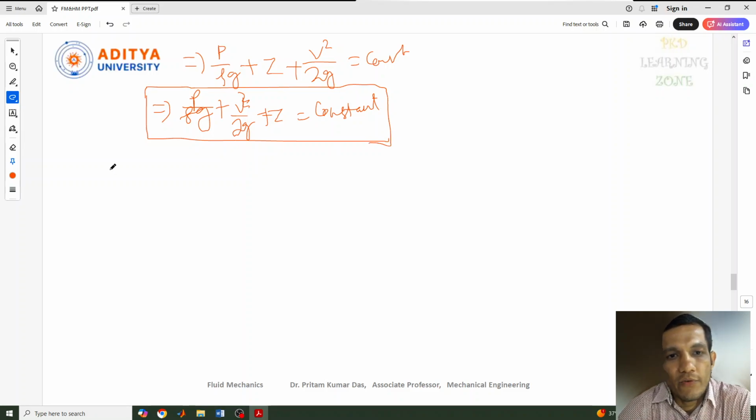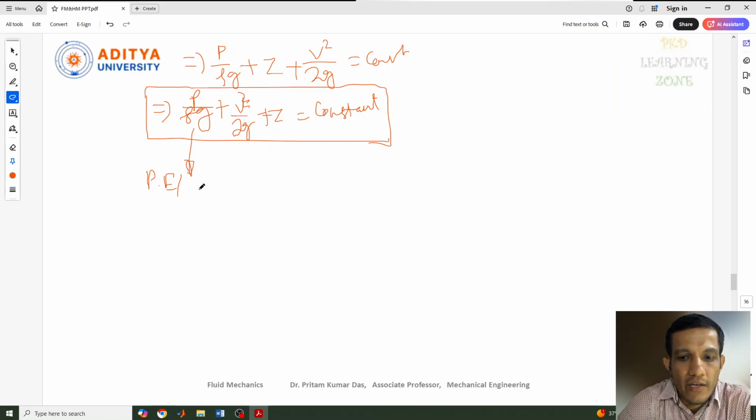Here, if you see, these three terms are there, and we can denote them. This is the pressure energy per unit weight of the fluid.